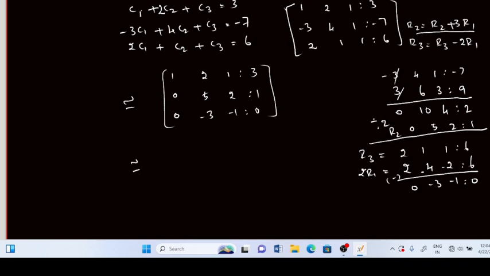Now with the help of the second row's second element we must make minus 3 into 0. So R3 becomes 3 times R2 plus 5 times R3.